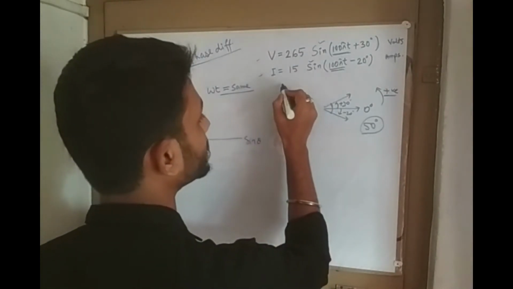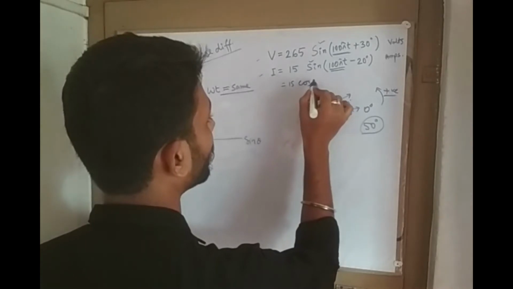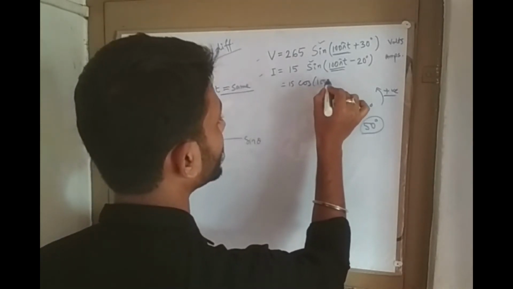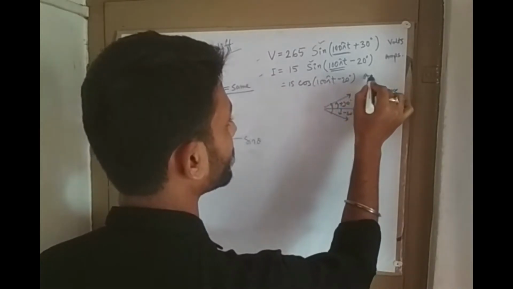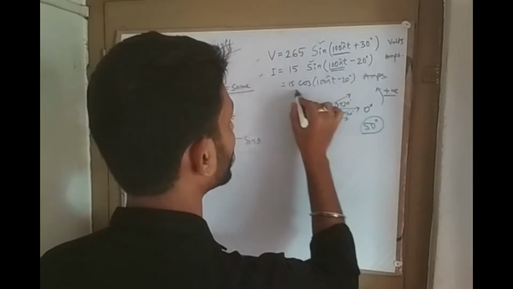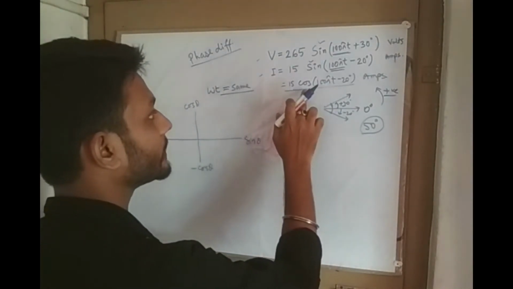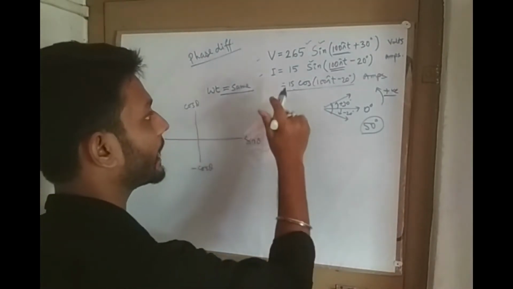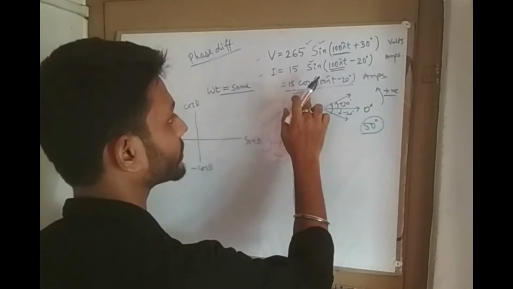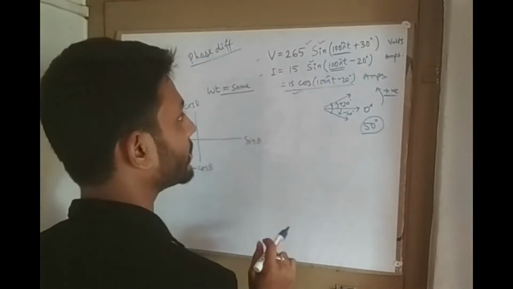That means, suppose the current is 15 cos(100 pi t minus 20 degree), then the voltage is in terms of sine and the current would be in terms of cos. So you have to convert this cos in terms of sine.